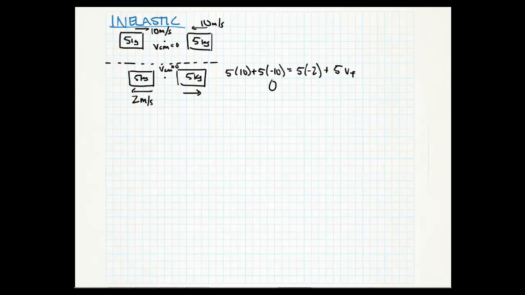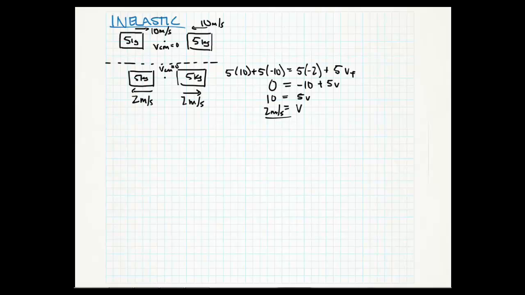We have 0 equals -10 plus 5v. We have 10 equals 5v, and that final velocity comes out to be 2 meters per second. So he's going to be moving at positive 2 meters per second.